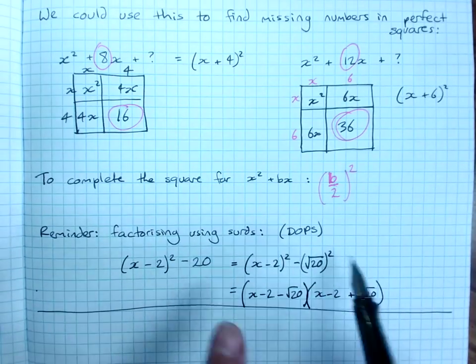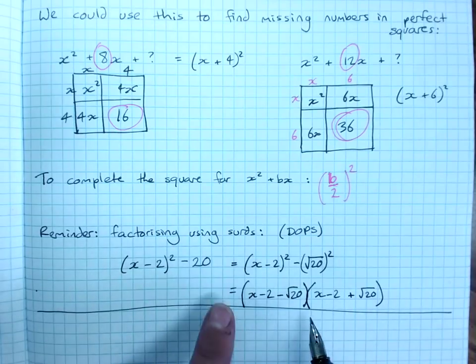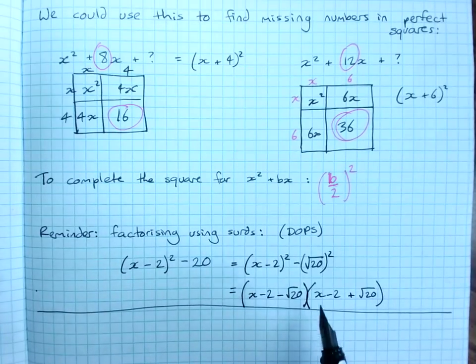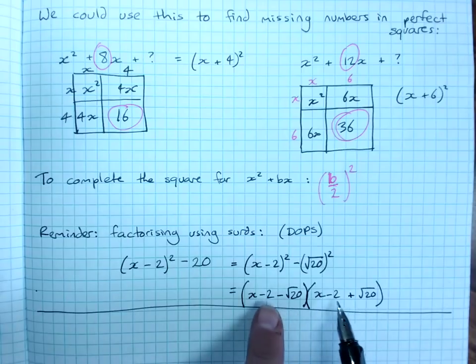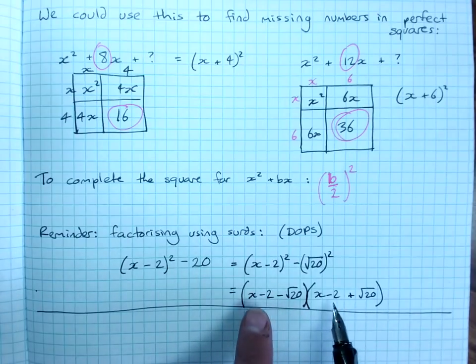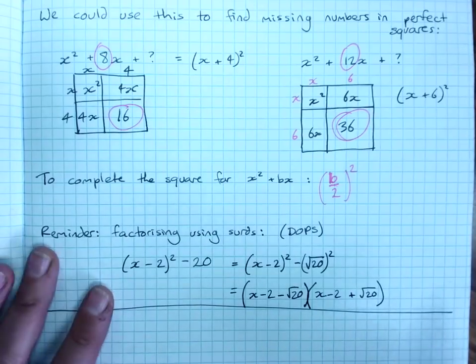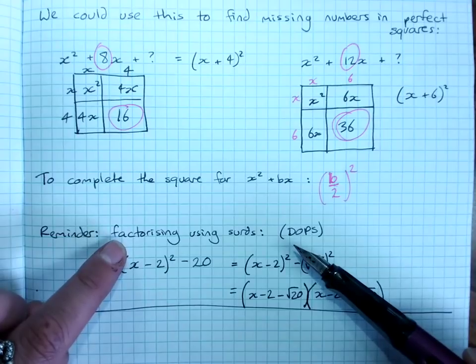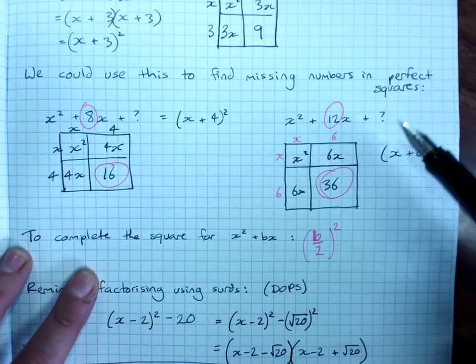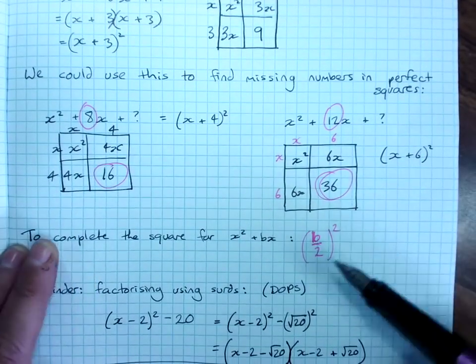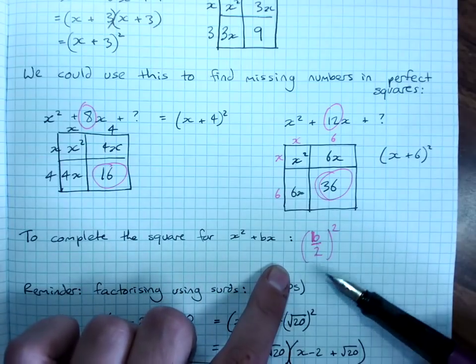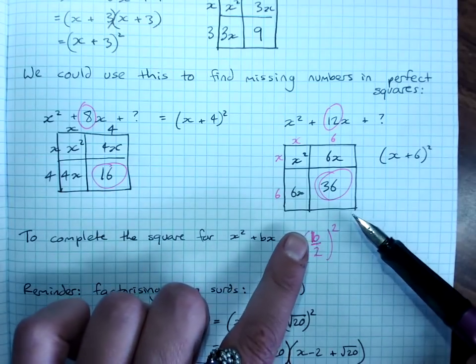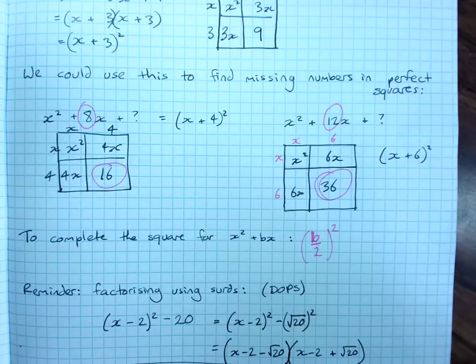I have factorized this difference of perfect squares using surds. If these were not in surd form, you could combine those, but it's easiest to leave it like that. So, a reminder about difference of perfect squares, factorizing using surds, and an introduction to completing a square and using b over 2 squared to complete a perfect square.